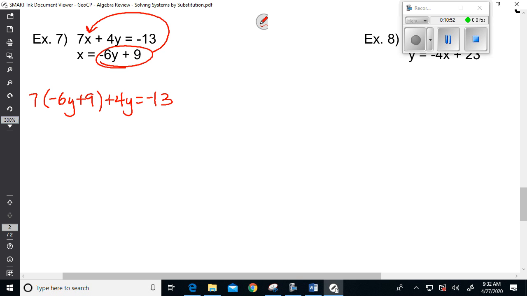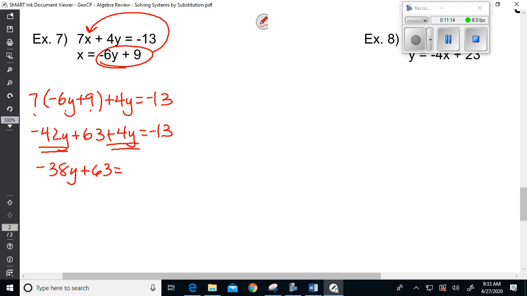Now we distribute. 7 times negative 6 is negative 42. 7 times 9, 63. Combine like terms. Negative 42 plus 4 is negative 38y plus 63 equals negative 13.